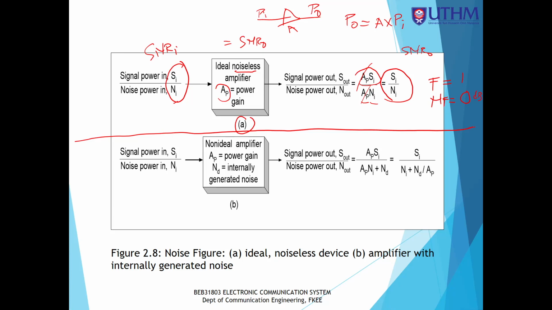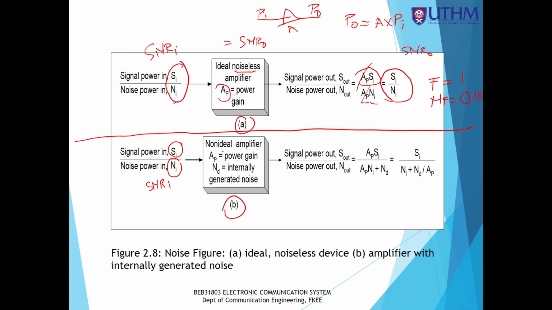So let's look at picture B, the non-ideal amplifier. Here the input signal power is SI and the input noise power is NI. So it will produce an SNR input.